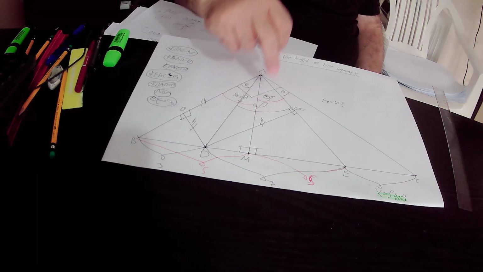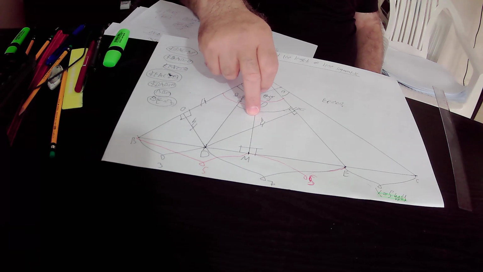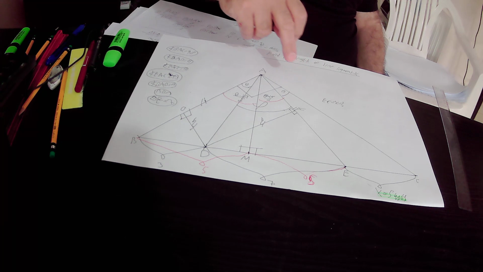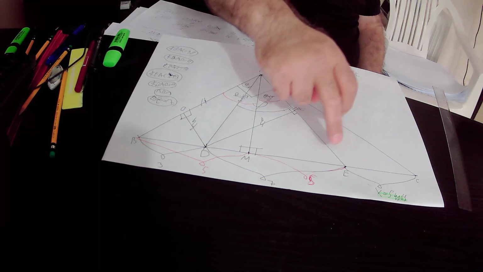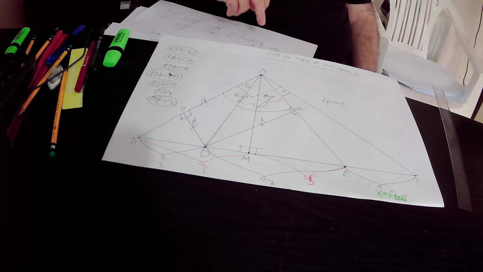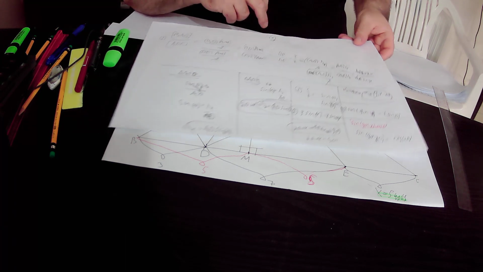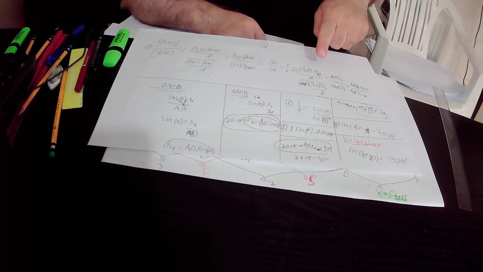K is the height, so we defined it as H2. So the area of triangle AED, according to the second calculation, will be equal to the base AE times the height H2 over 2.